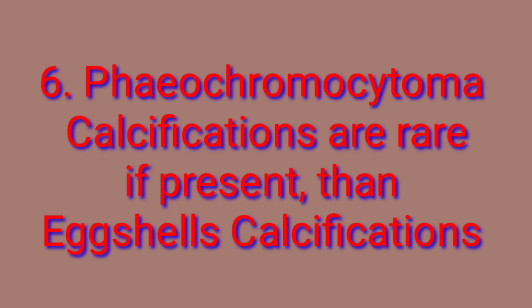But if it is present, there will be a particular presentation of the calcification, that would be an eggshell calcification, very pathognomonic, and easy to appreciate because of its particular appearance. If there is eggshell calcification, you can include pheochromocytoma in your differentials for adrenal calcification, particularly in adults.